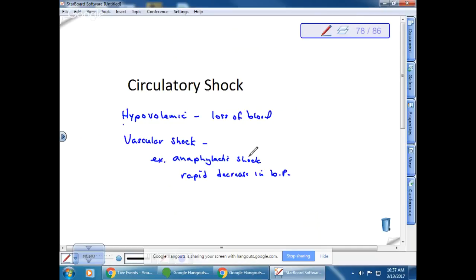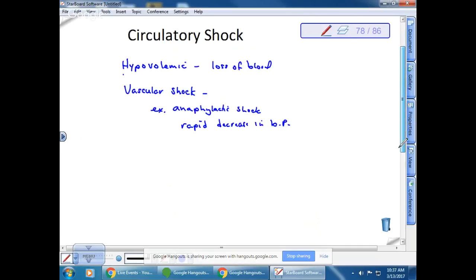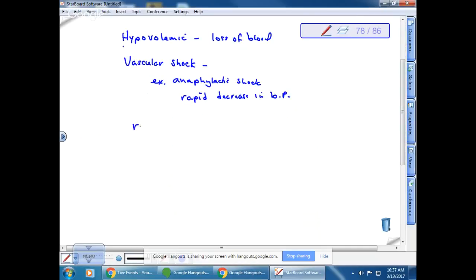And so this is due to the rapid release of histamine. So if you remember, as a little review, what was the white blood cell that we talked about that specializes in releasing histamine? So it's never let monkeys eat bananas. So which one is the last one? Basophils, right?